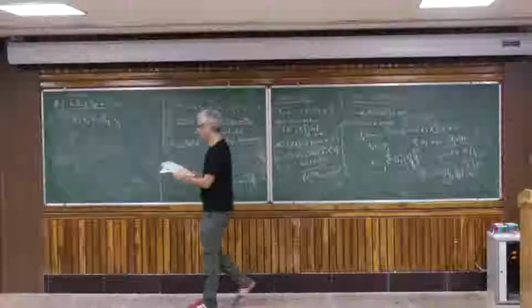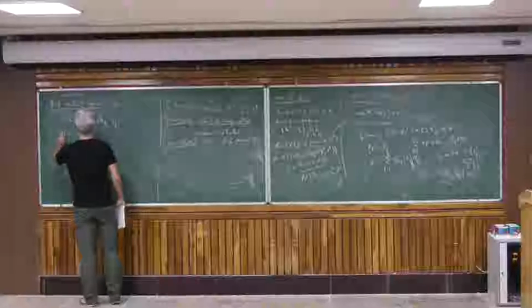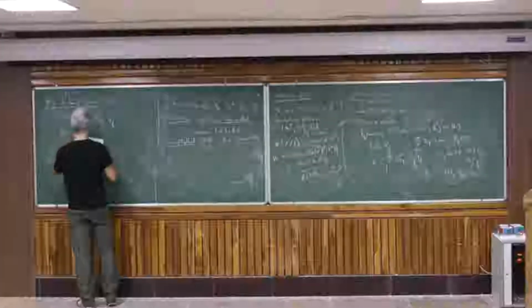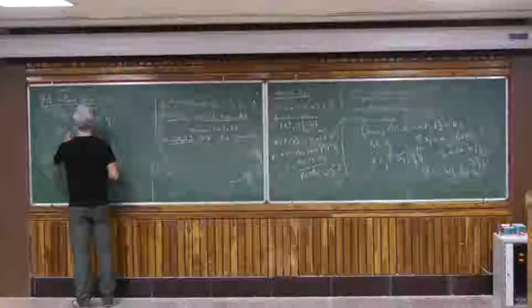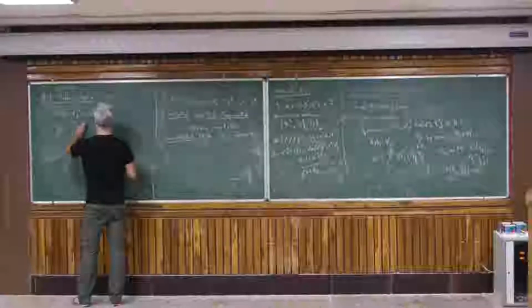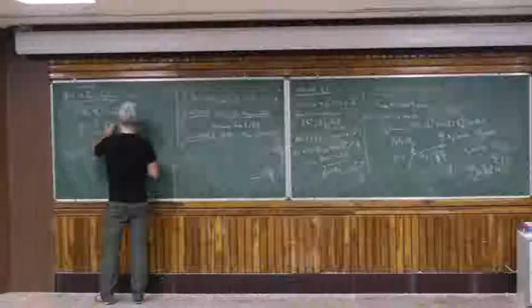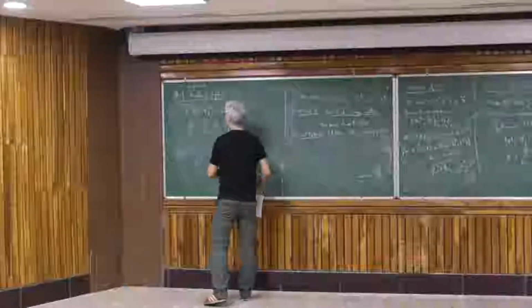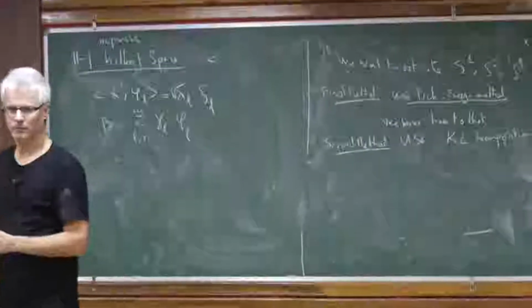So we'll decompose beta 1 into the base. So we have beta 1 would be a sum of some coefficient and the function phi L. Okay?